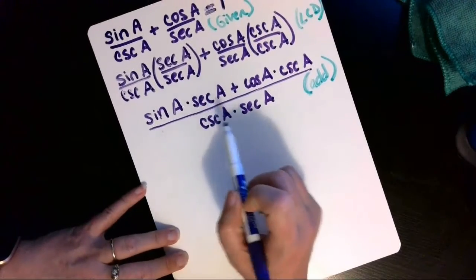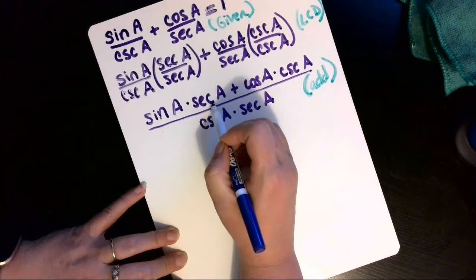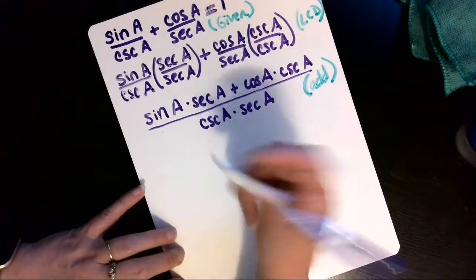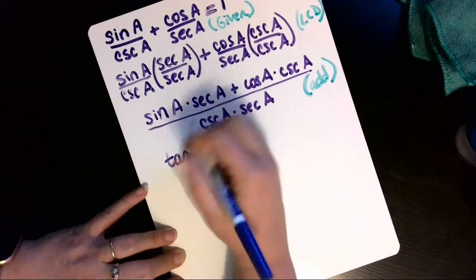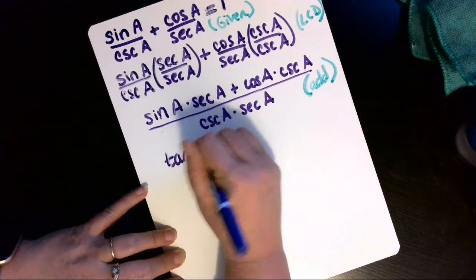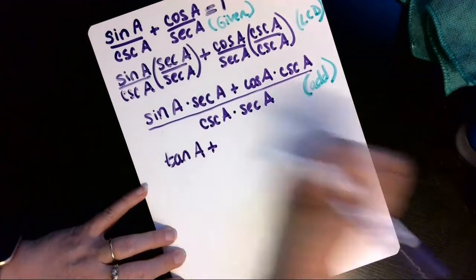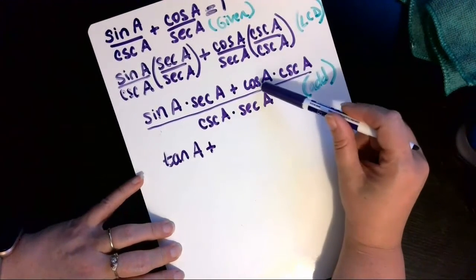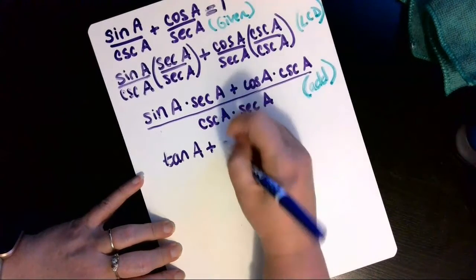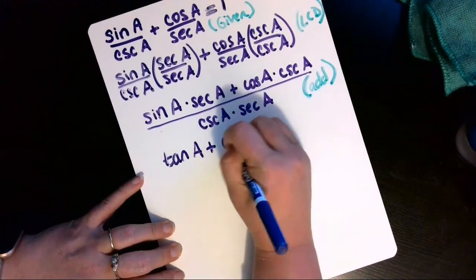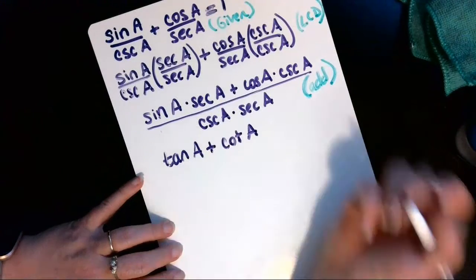So using that product identity, sine times secant, that's equal to tangent. So we're going to replace sine times secant of a with tangent of a using a product identity. And then same thing for cosine times cosecant. Cosine times cosecant is cotangent of a.